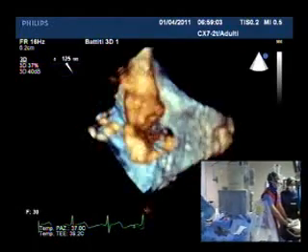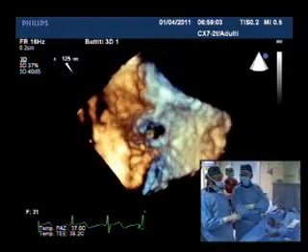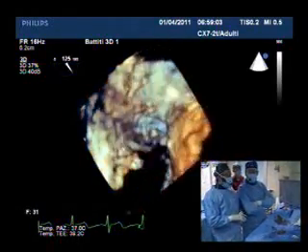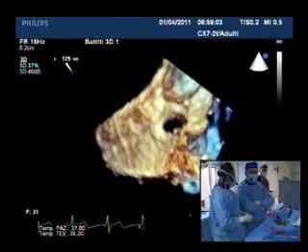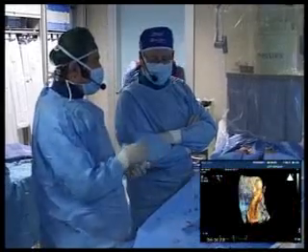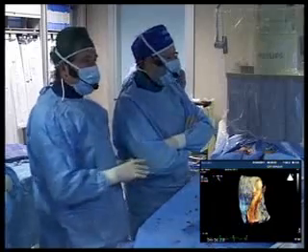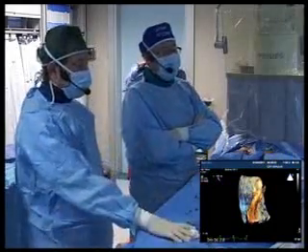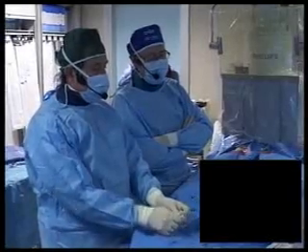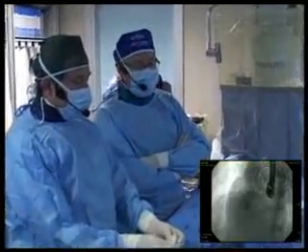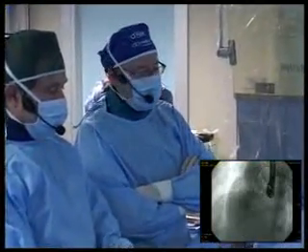Okay, Carmelo. Well, the Qp:Qs in this case, just to anticipate your question, is very high, more than 2.5 or 3. And Kevin, would you carry on and describe what we did so far? So we did a very quick right heart and got the saturation stepped up from 80% in the SVC to 96% in the PA.